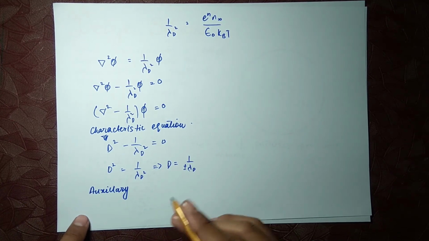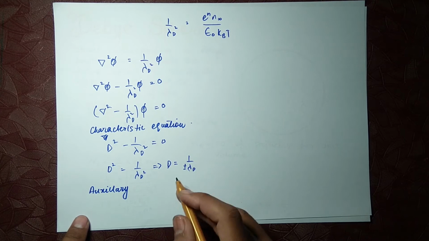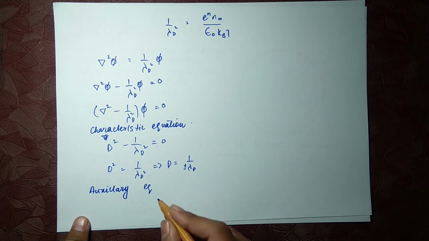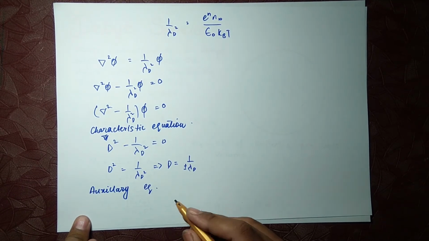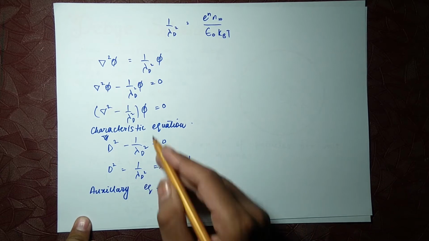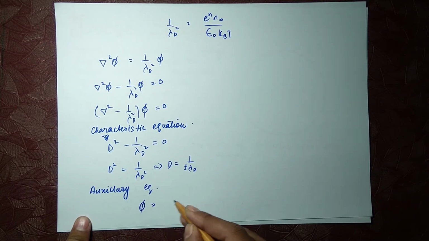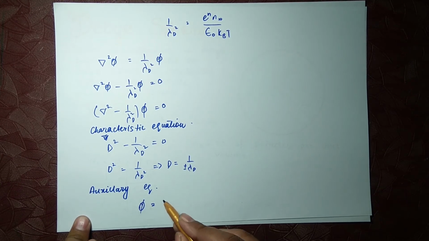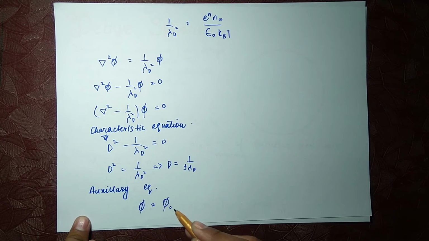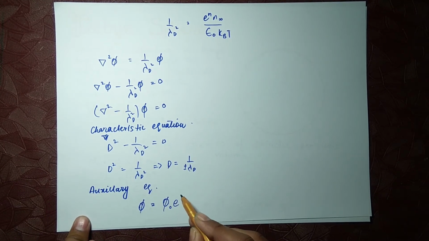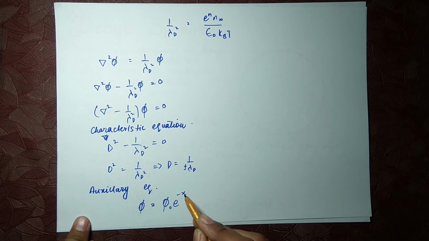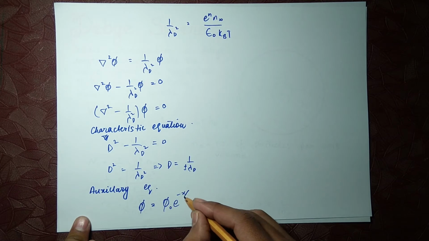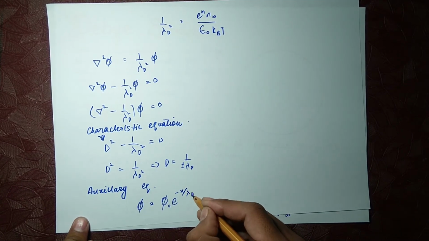I might try that you might understand from this, but we are writing an auxiliary equation for the above characteristic equation. So the auxiliary equation here will be phi equals phi naught e power minus x, because here it was partial by partial x over lambda D. This lambda D is positive.